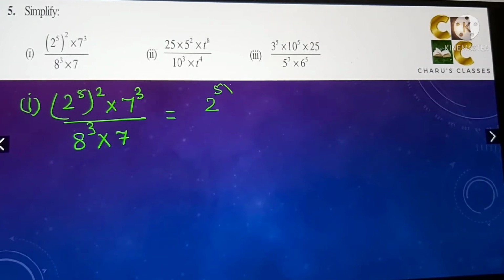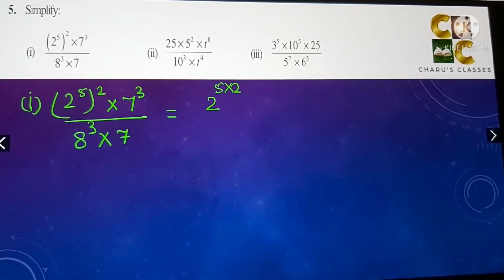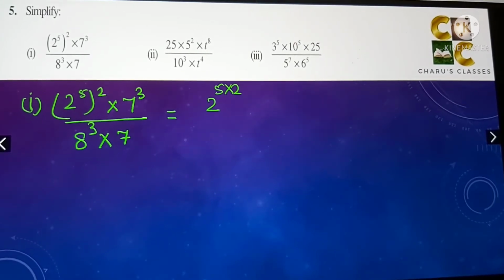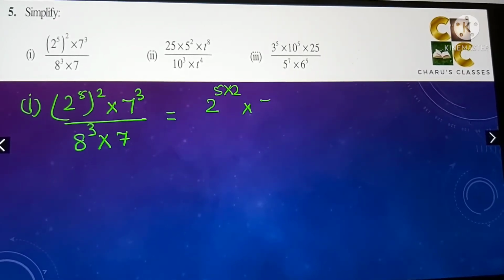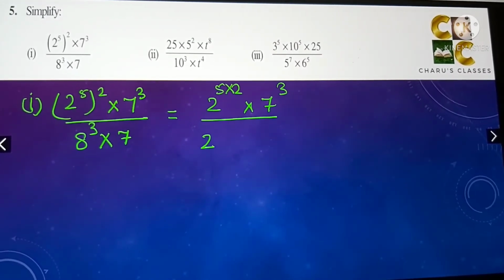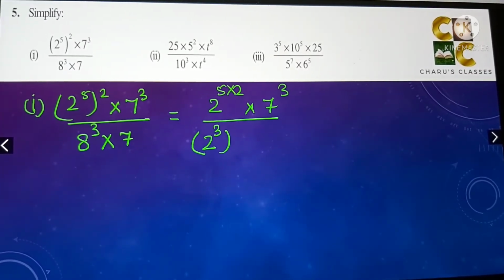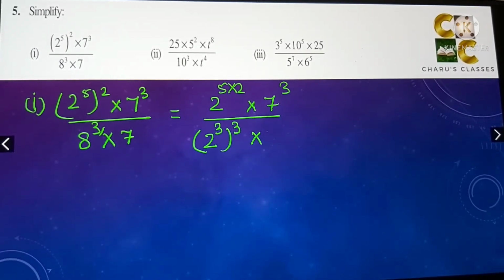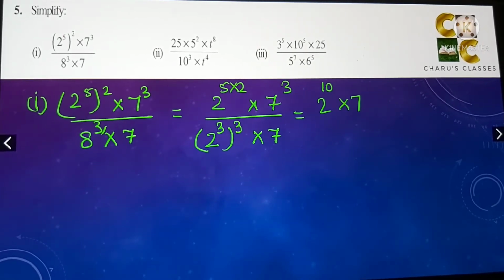So 2 to the power 5 whole to the power 2, using the law a to the power m whole to the power n can be written as a to the power m into n, into 7 to the power 3. Now 8 can be written as 2 to the power 3, and there is another 3 here, 8 to the power 3. So this is 2 to the power 3 whole to the power 3 into 7.